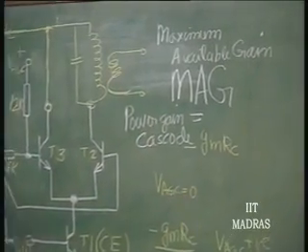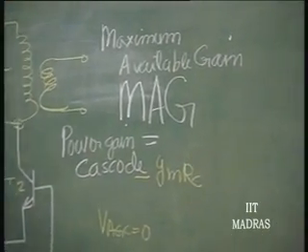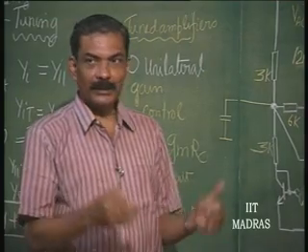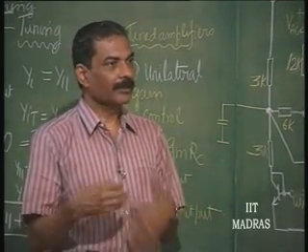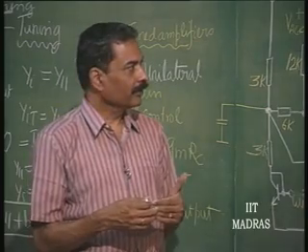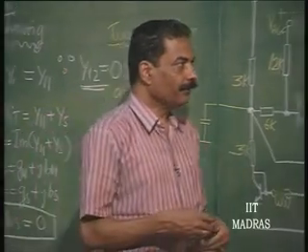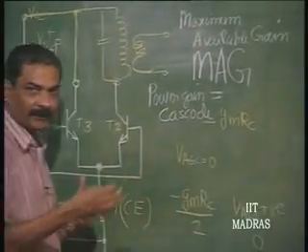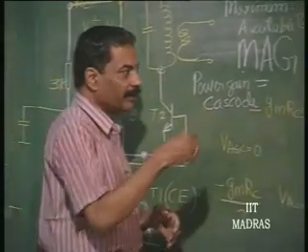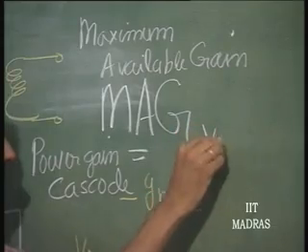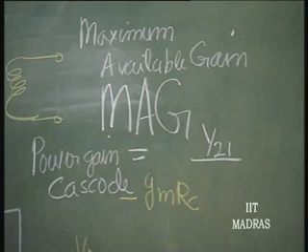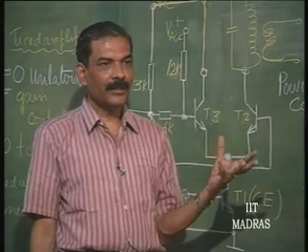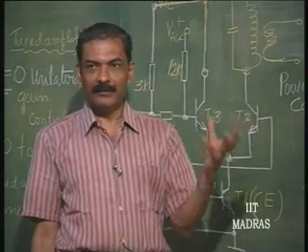Power gain by definition is nothing but voltage gain into current gain, conjugate, right. So, if I have voltage gain expressed in terms of Y parameters, which you can look back, voltage gain is Y21, Y21 is same as GM at low frequencies, into RC, GM into RC.